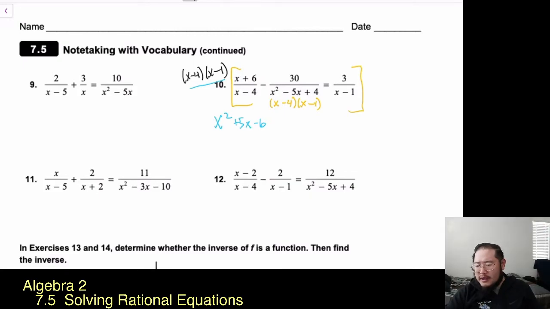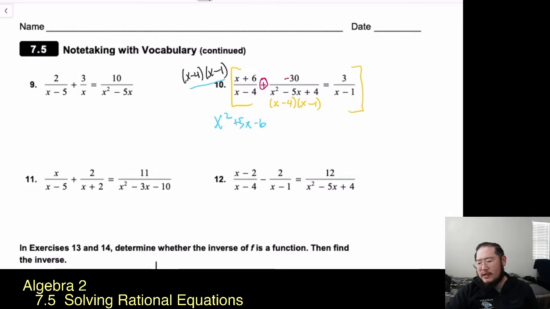Now here's where things get a little dicey because we've got this minus sign. We haven't dealt with that yet. But what I would say is we could put a plus sign right here and then change that to negative 30, right? Add the opposite is subtracting. Now right here, luckily everything cancels out, right?